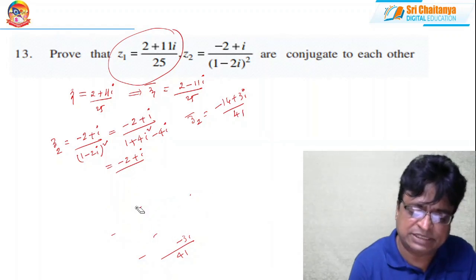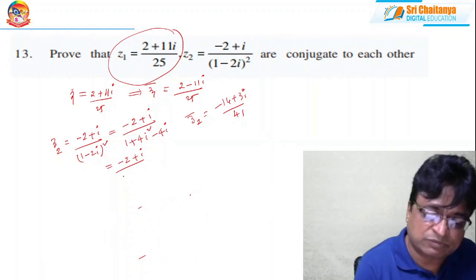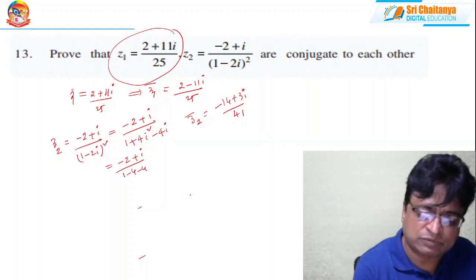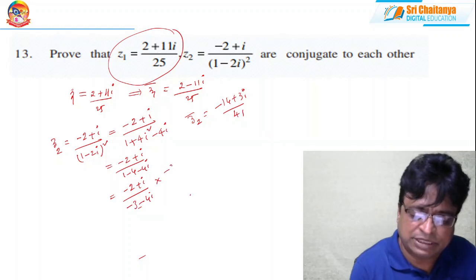So my friends, it is nothing but 1 minus 4 minus 4i. So it is (minus 2 plus i) by (minus 3 minus 4i). Multiplying by (minus 3 plus 4i) by (minus 3 plus 4i).